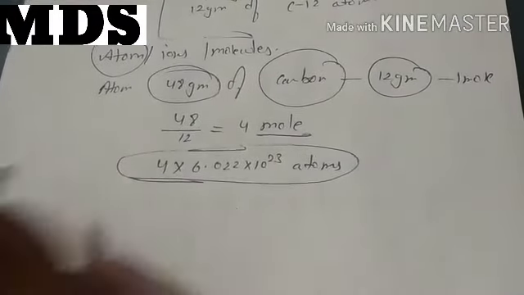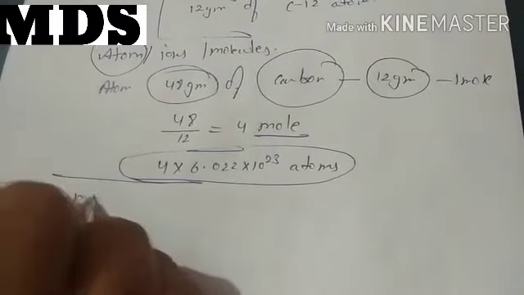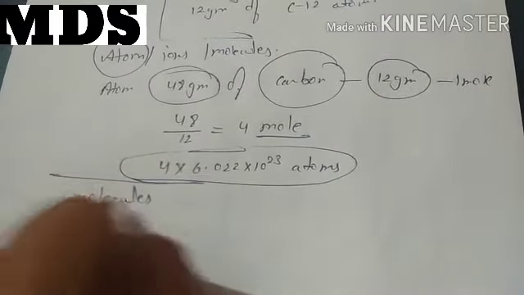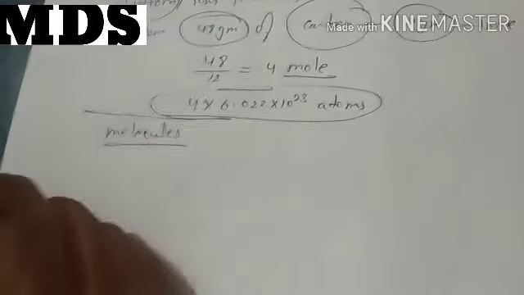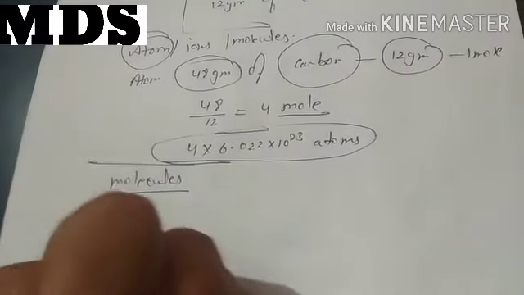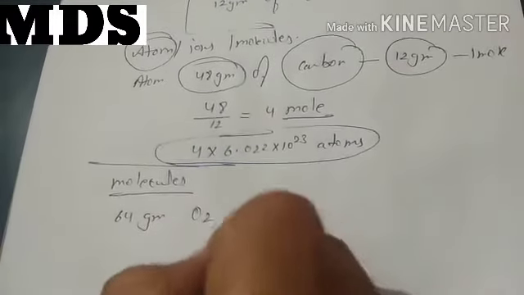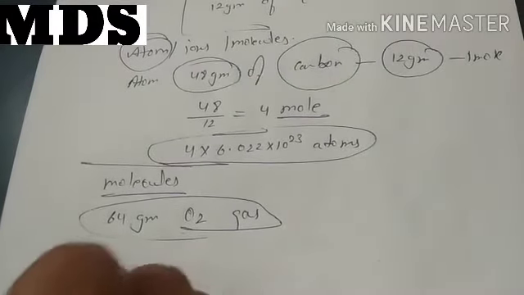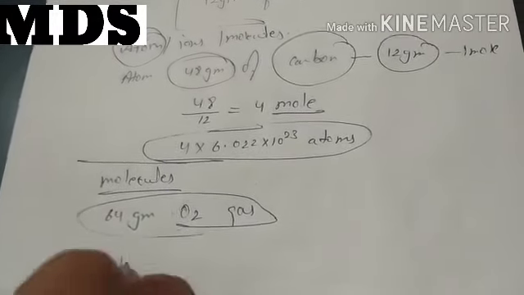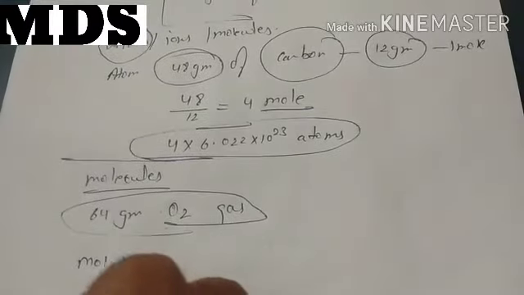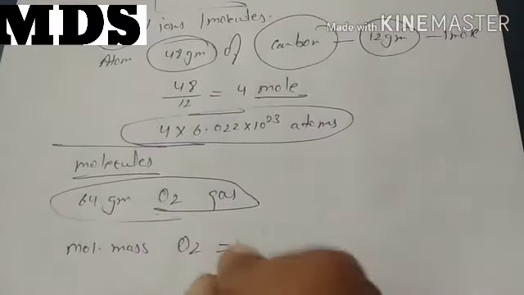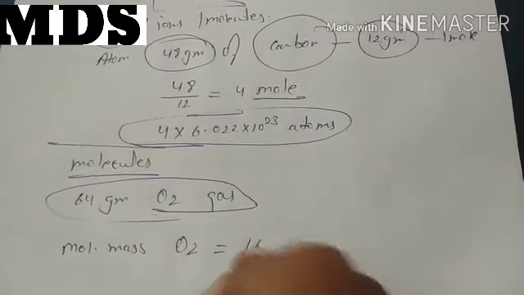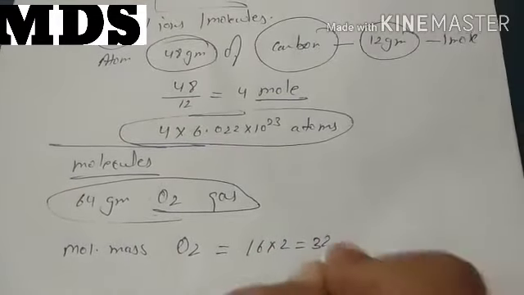Now what will be the case of molecules? If you are calculating molecules, suppose you have 64 gram of oxygen gas. So how many molecules are there in that? First you will calculate the molecular mass of O2. You know that one oxygen weighs 16, so 16 into 2, 32 gram.